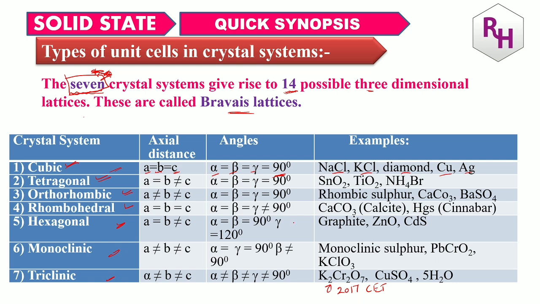Like that, monoclinic sulfur, or graphite, or diamond, you can say cubic, very important. This also was once asked. Diamond means cubic. Here the famous ones to remember: diamond, graphite, potassium dichromate, copper sulfate, CaCO3, with the O capital. If you remember these many, that is enough. And you can remember all those 7.